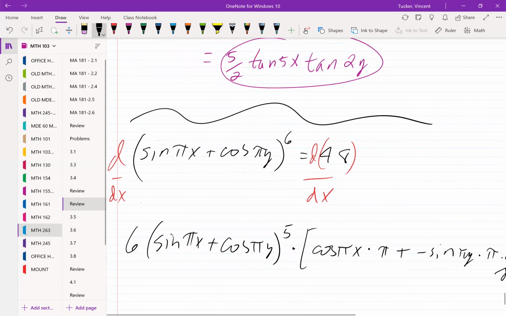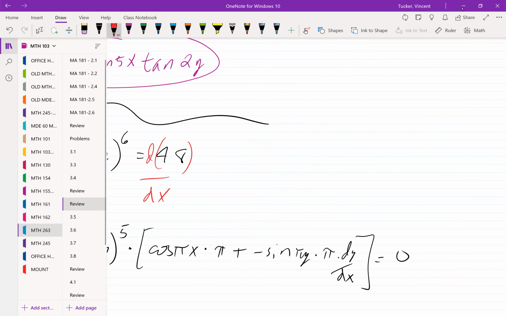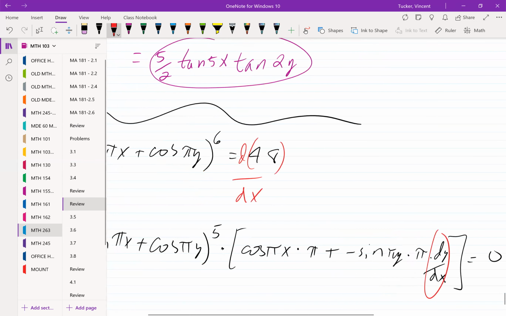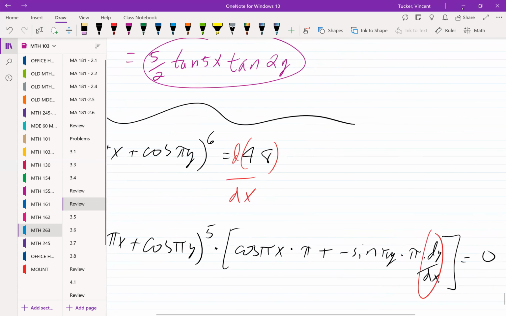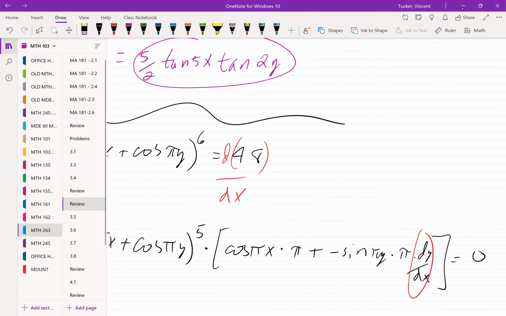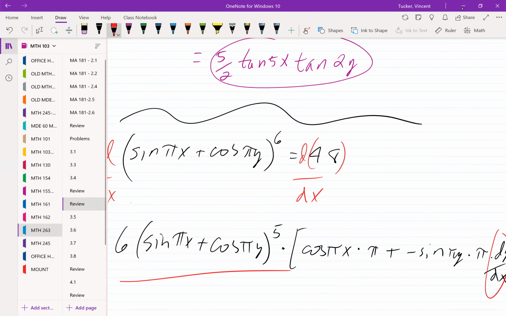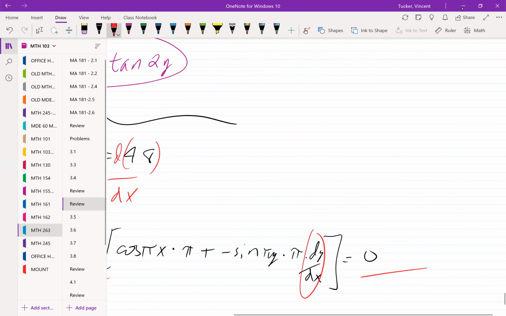All right. Okay, so I need to get to this dy/dx. Notice this part is being multiplied to this. So in order for me to get to what's on the inside of this bracket, I need to divide both sides by 6 times (sine pi x plus cosine pi y) to the 5th power, the same thing over here.